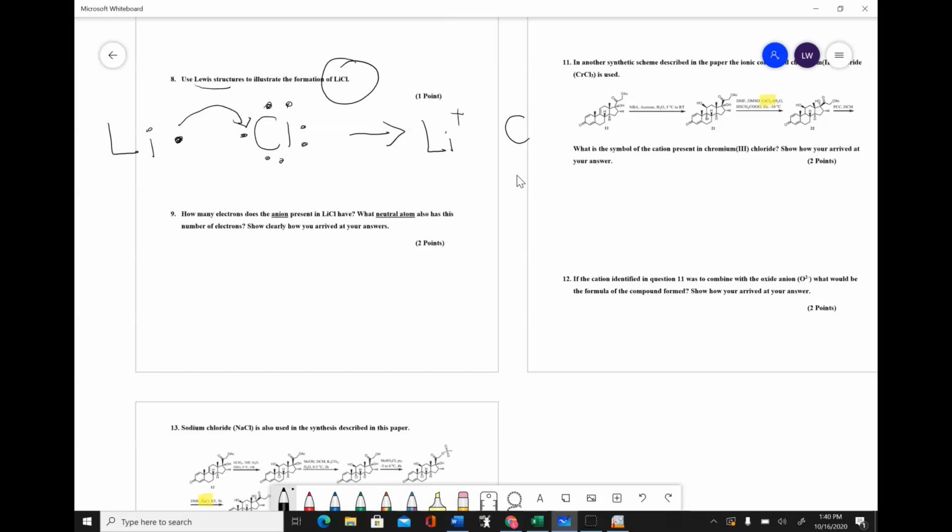And then the chlorine atom becomes an anion, and because it gained one electron, it now has 8 dots around it, and a -1 charge. So this positive ion, this cation, and this anion will attract one another, and they will become stuck together and form the compound lithium chloride.